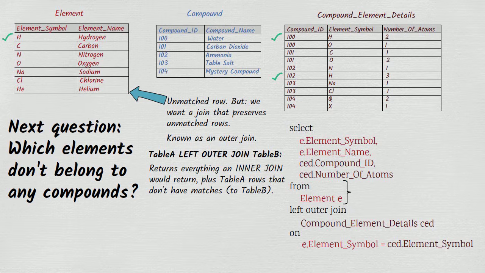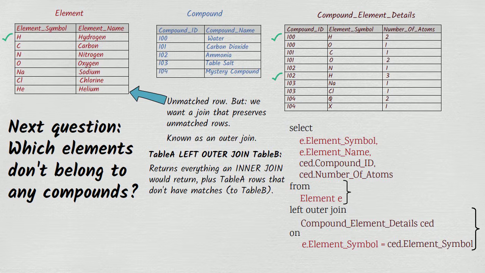The join to compound element details CED ON E.element_symbol = CED.element_symbol signifies that for each row in table E, the element table, the database platform will look at that row's element symbol and try to find rows with that same element symbol in the table CED, the compound element details table.